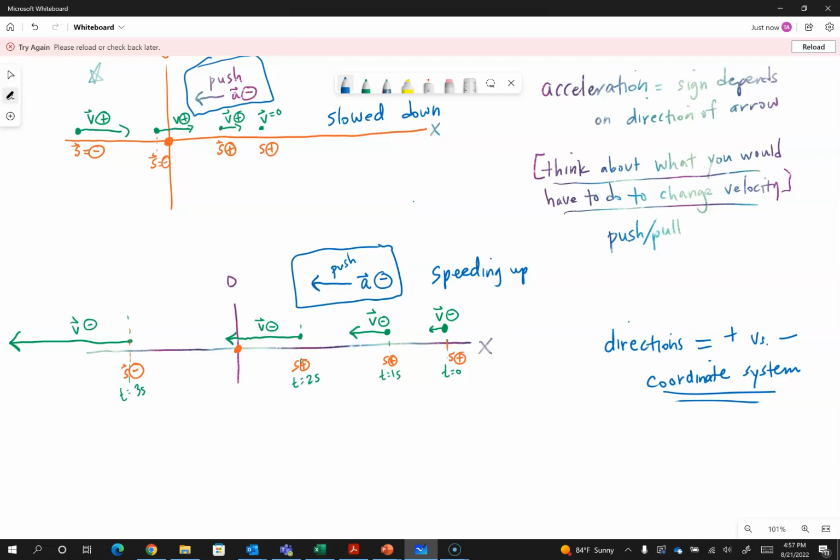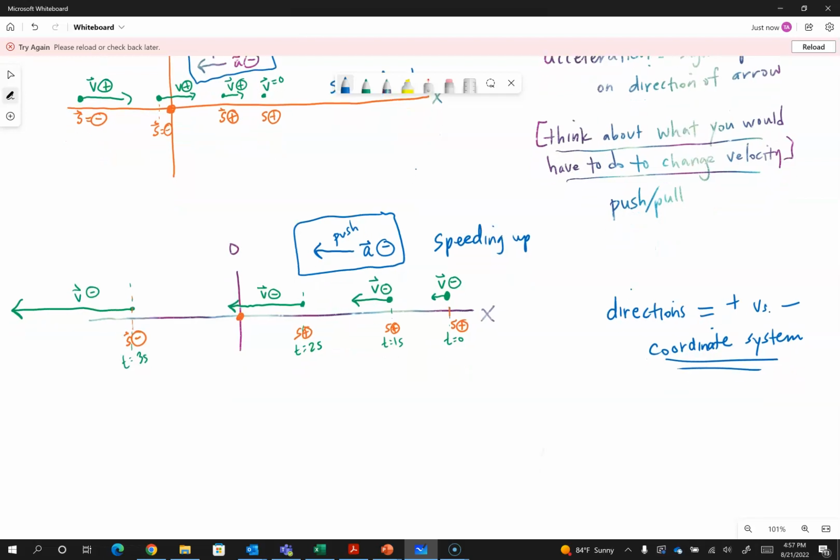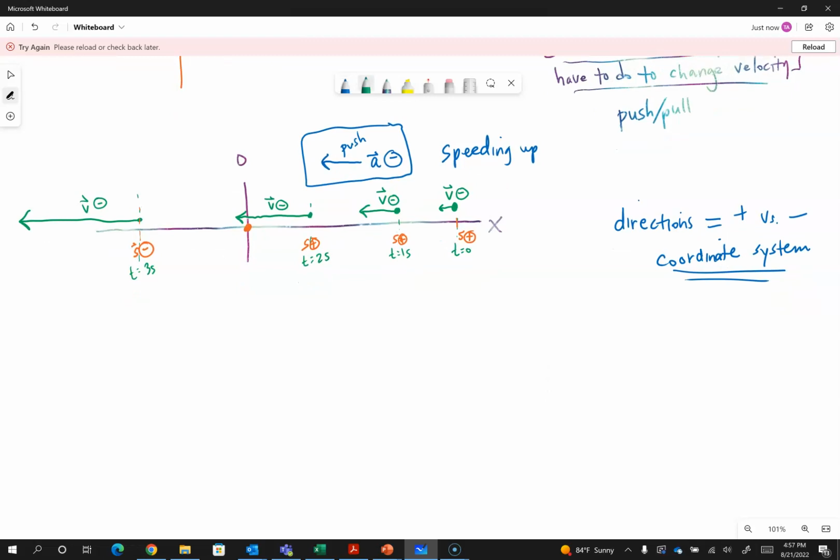So really, we do have a general rule that we can say. If velocity and acceleration point in the same direction, like this second case, where acceleration and velocity are both negative, the object is going to speed up.